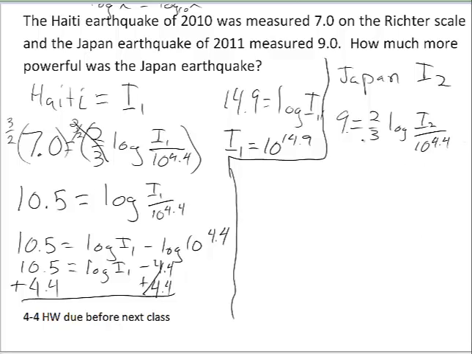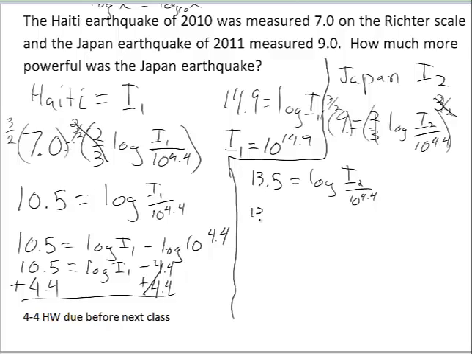The first thing again I'm going to do is multiply each side by 3/2. Cancel that out. Multiply this by 3/2. Apologize for all the scrunching. What that gives us then is 13.5, that's 9 times 3/2, is equal to the log of I2 divided by 10 to the 4.4.